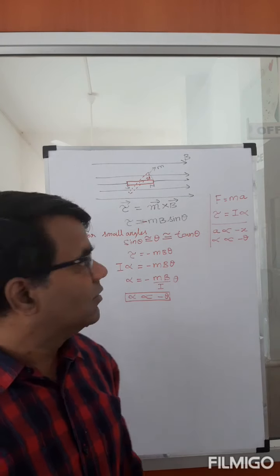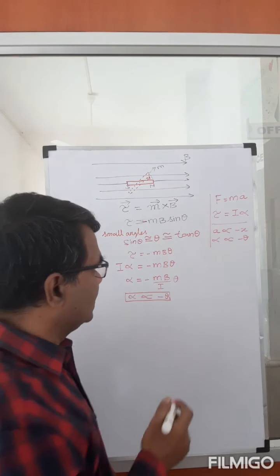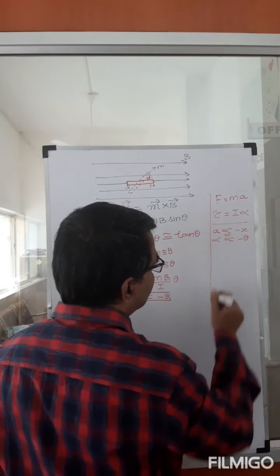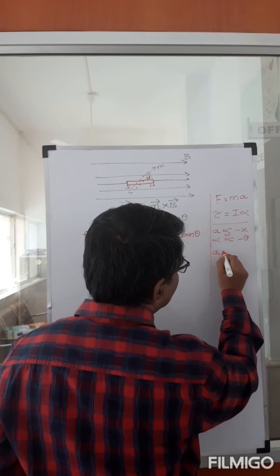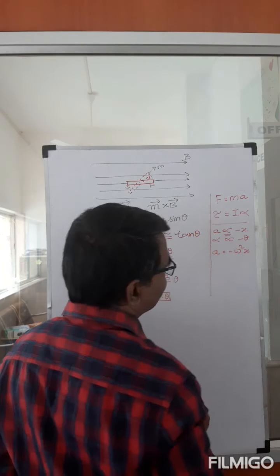And you may recall from your 11th standard that for simple harmonic motion, if you remove the constant of proportionality, A can be given by minus omega squared x.